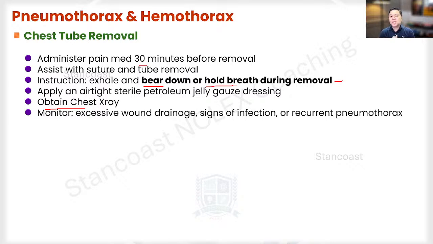With intermittent bubbling, this is going to be normal, right? If the patient is talking, or when there is deep inspiration, or when they're coughing, that is normal. However, continuous bubbling is a sign of an air leak. All right.